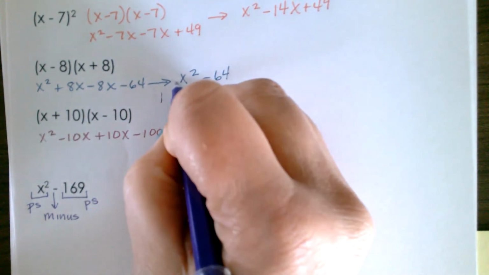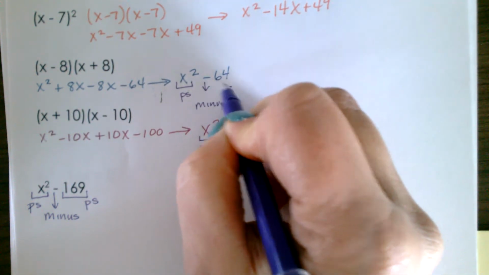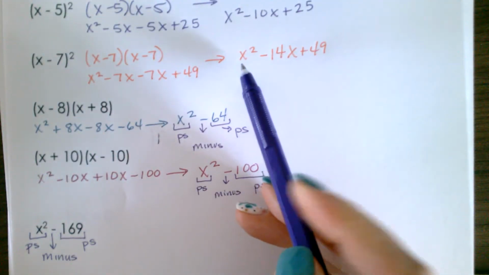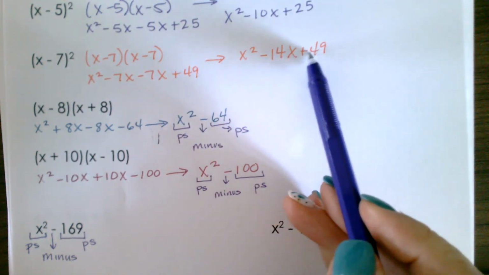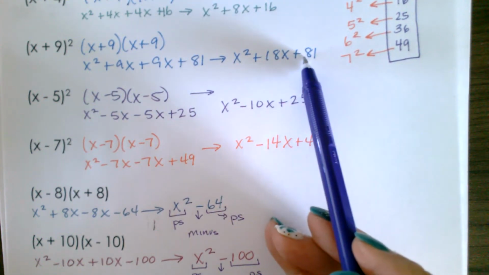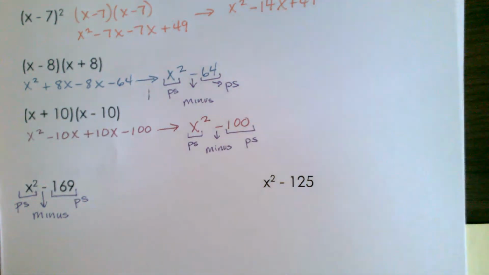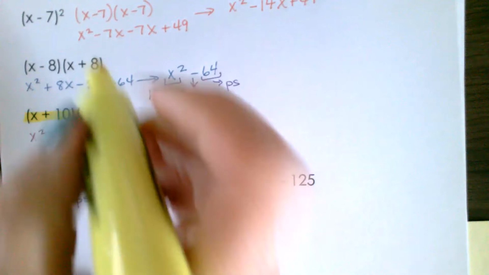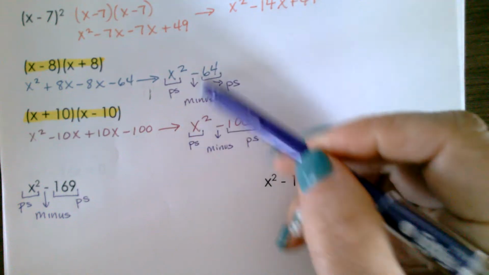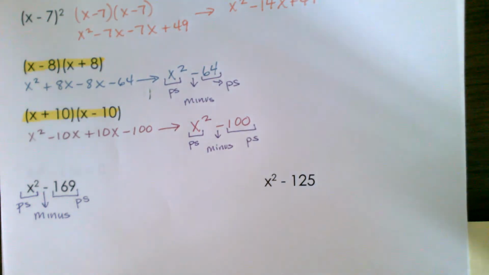When I look back up here, I do not have that. I have a perfect square minus the b term plus a perfect square, and a perfect square plus the b term plus a perfect square. What we're going to be working with today are factored forms that look similar to this, because notice there is no b term when I am multiplying opposite polynomials.